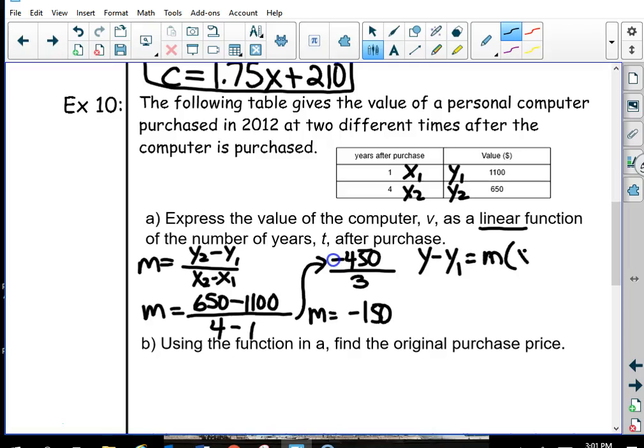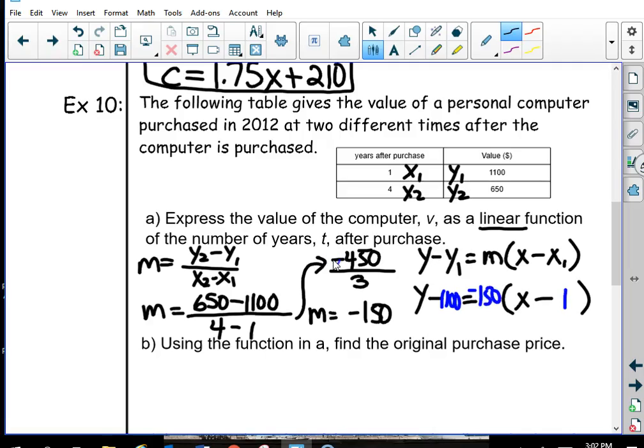You use point slope, it's faster than y equals mx plus b, unless you already know your slope and your y-intercept. All right, so I'm going to use y1, my slope, and x1. Slope is minus 150. x1 is 1.